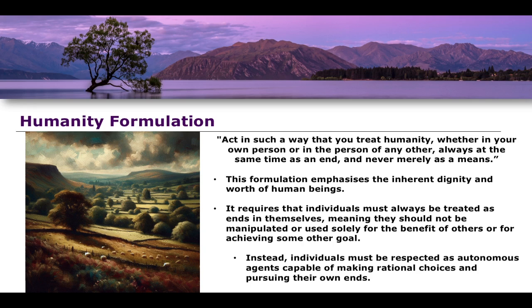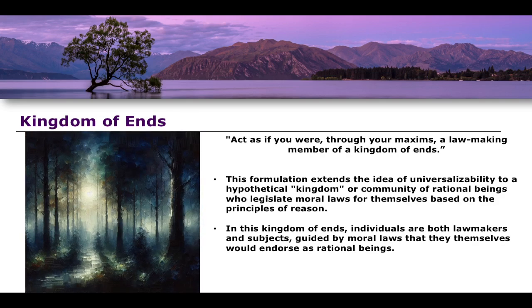You are doing a fundamental disservice to a person if you utilize them as a means towards your own end, because what you are doing is essentially undermining their ability to make rational choices and pursue their own ends and their own justifications as autonomous agents. That is what is considered to be an immoral act, according to Kant.